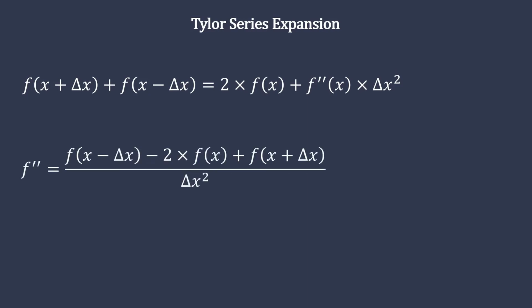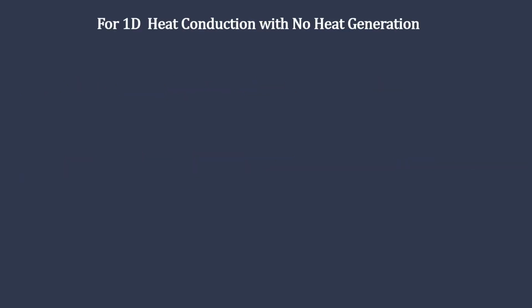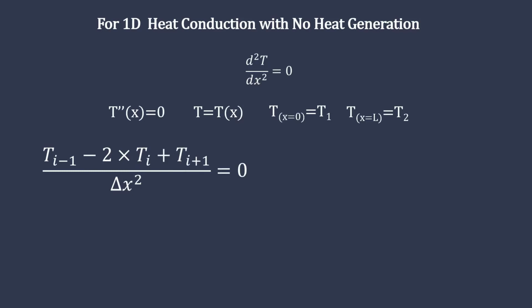Now we will simplify and rearrange the equation. We will get f double dash is equal to f of x minus delta x minus 2 into f of x plus f of x plus delta x divided by delta x square, and this is known as the central difference approximation.